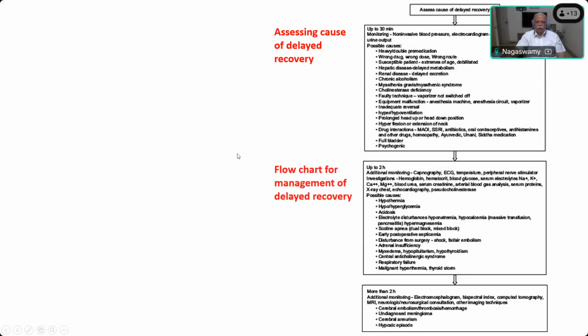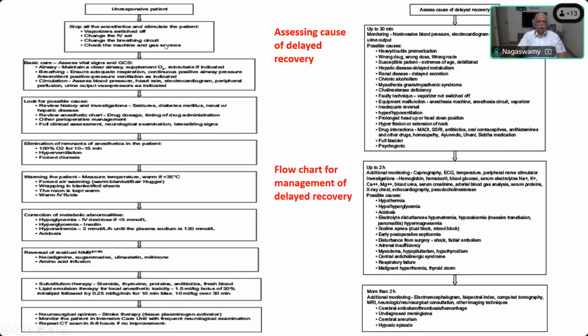Now, for the management also, you have a flow chart. For an unresponsive patient, stop all the anesthetic agents, switch off the vaporizer, change the breathing circuit, change the machine and gas, everything. Then start assessing the patient's airway, breathing, circulation. Then look for the possible causes. Then elimination of the remainder of the anesthetic by 100% oxygen, hyperventilation, and forced diuresis. Then warming the patient, thinking of hypothermia if the temperature is less than 35.